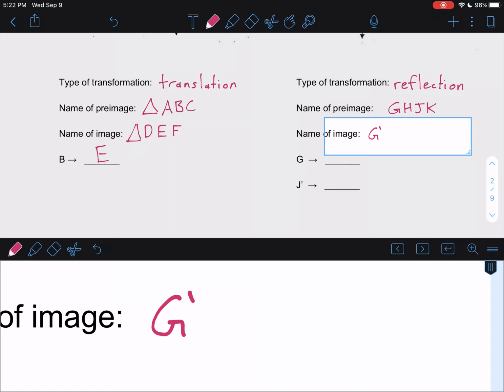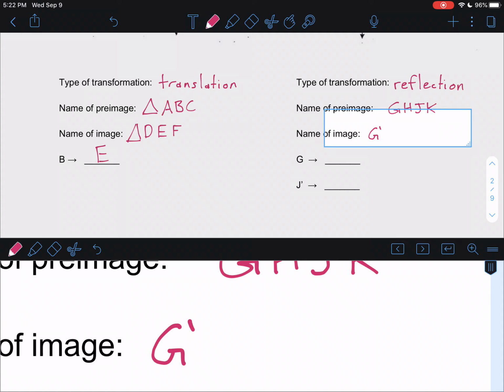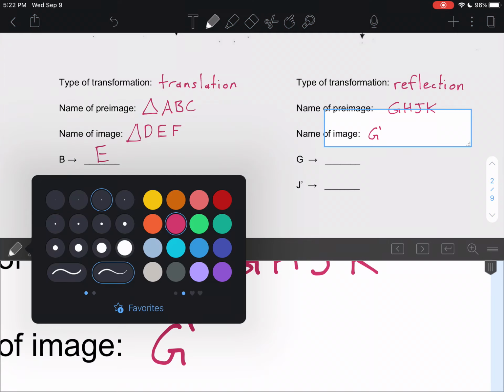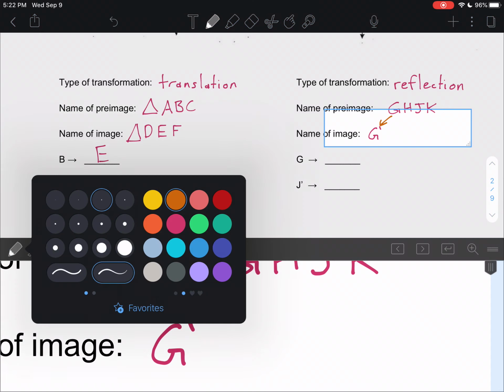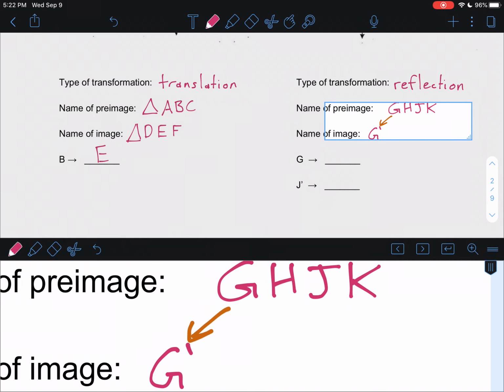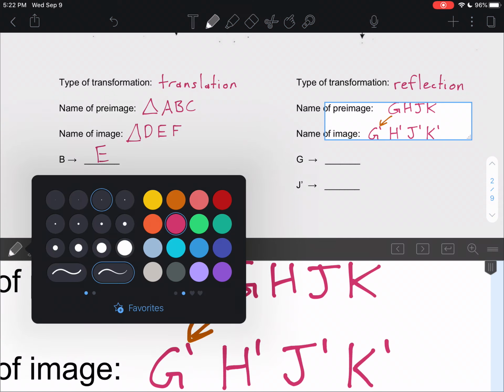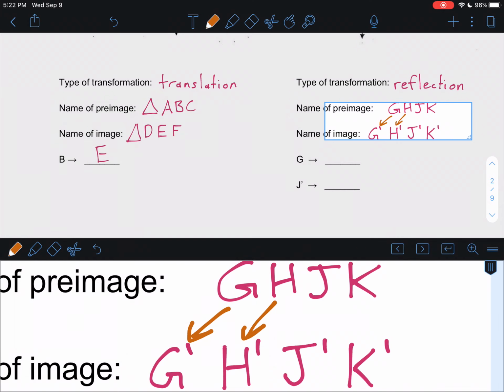It's something that got mapped. So the G went to G prime, and the H goes to H prime, the J went to J prime, and the K went to K prime. So you have to read them in the order in which they got mapped.